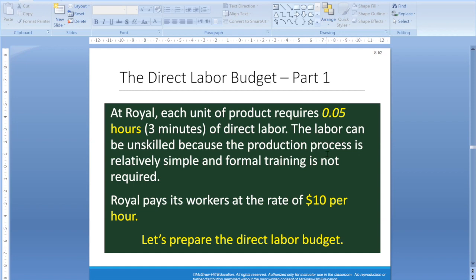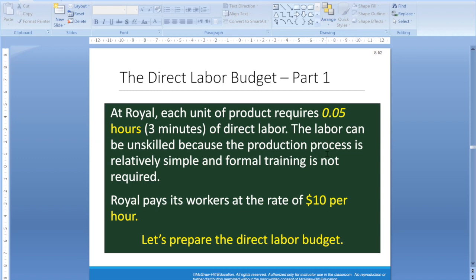In the direct labor budget at Royal, each unit of production requires 0.05 hours, which represents 3 minutes of direct labor. Be careful that I'm talking here about the finished goods unit, not the material unit. Why?